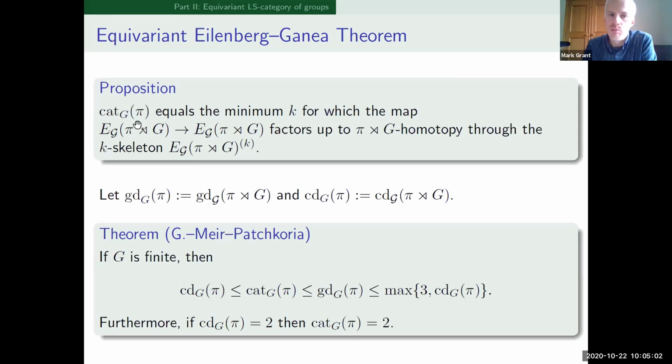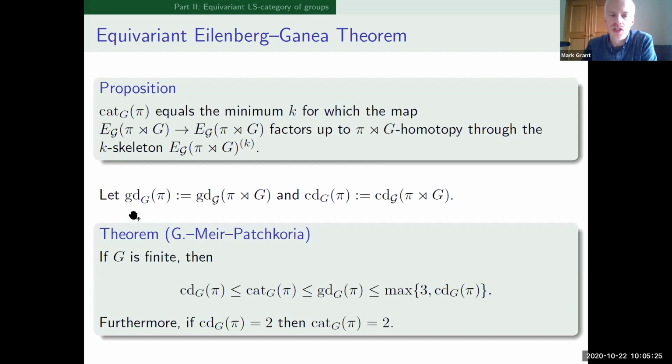I could have written E pi here with its action of the semi-direct product. So pi acts on E pi, and so does G, and the actions are compatible. So we're in an even better situation than we were for TC, because now we've got the identity map rather than a map between two different spaces.